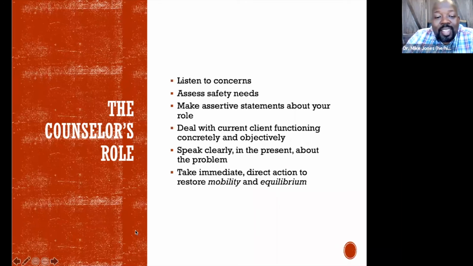Next, we want to talk about the counselor's role. We've talked already about listening to their concerns, so listening becomes an important factor.